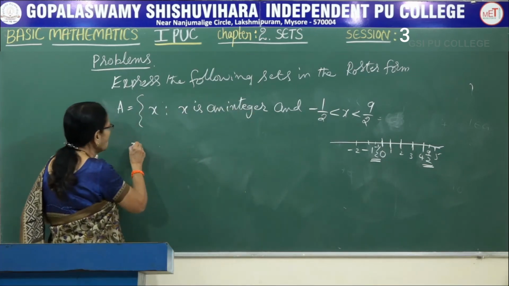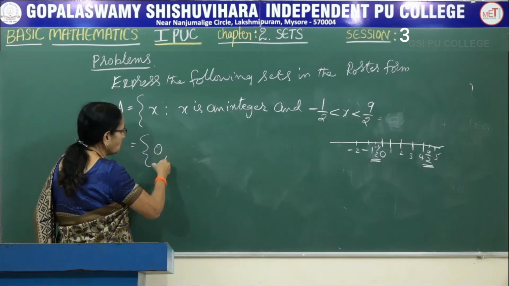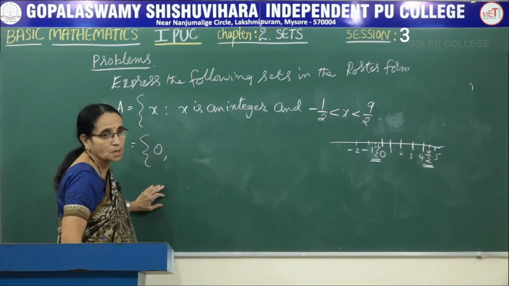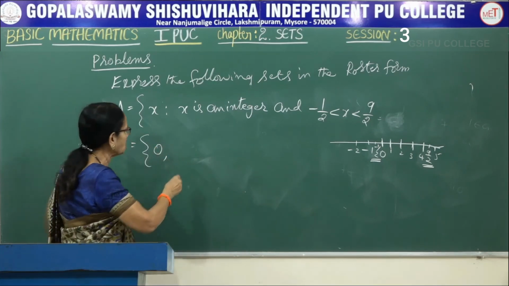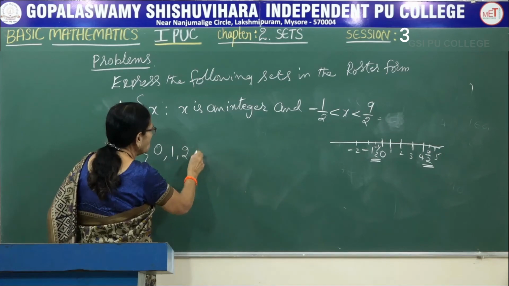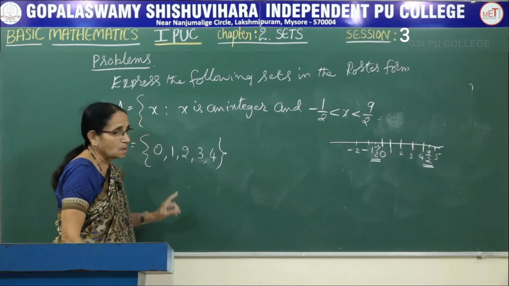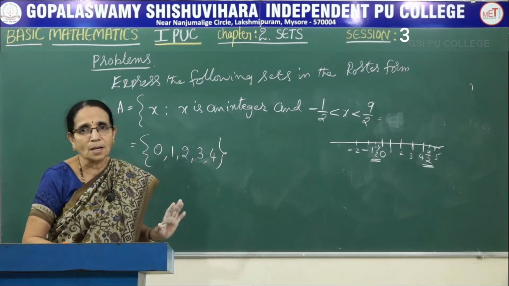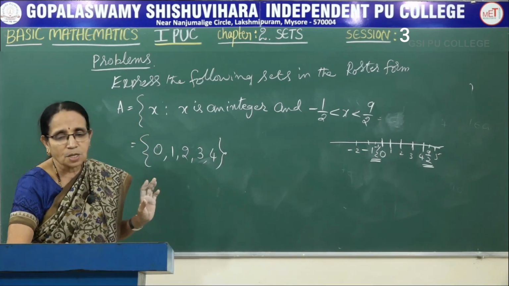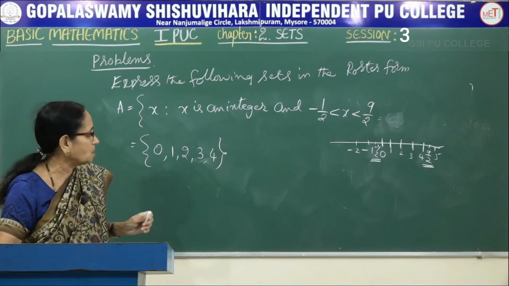So let me write the elements here. First integer is 0. After minus half, 0 comes here. Then 1, 2, 3, 4. 5 we cannot take. Therefore, these are the 5 elements or 5 numbers which satisfy the given condition.